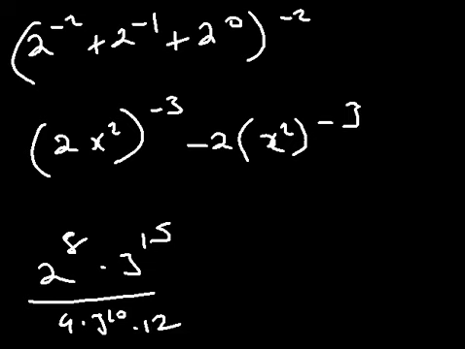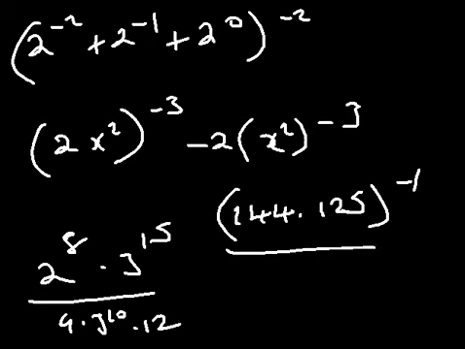Try to have that one in the proper order. Let's say if we have 144 times 125 and the over to the power negative 1, divided by 2 to the power 3 times 3 to the power 2. So try to understand how these brackets are given.